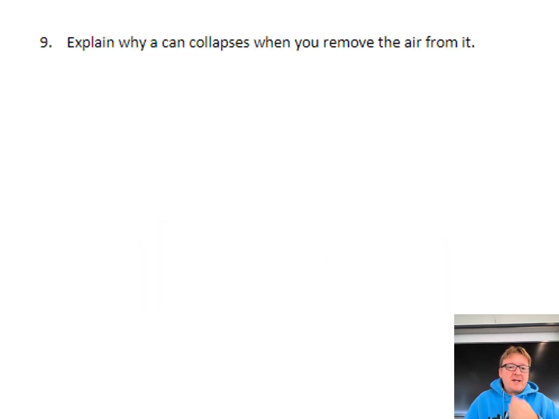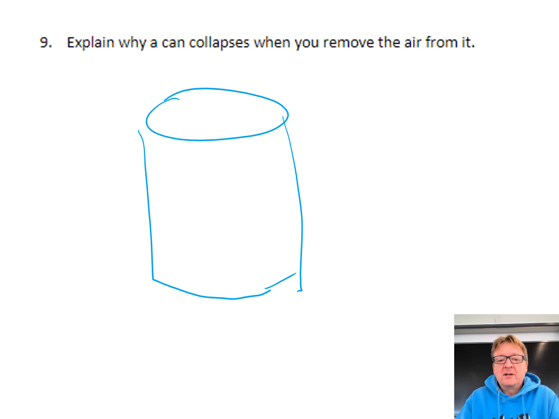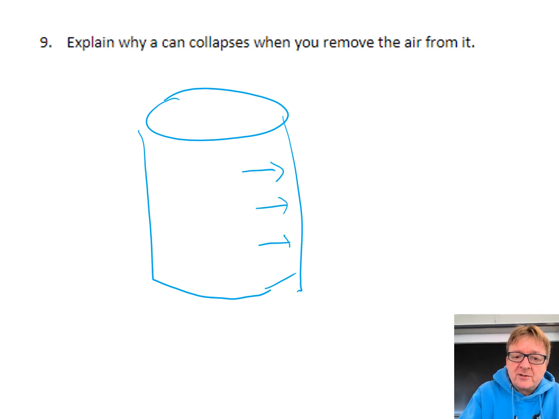Question number 9. Explain why a can collapses when you remove air from it. Right, so I'll draw a can. Inside there you've got particles hitting the side of the can. Okay, this is a normal can. From the outside, you've got particles hitting the outside.